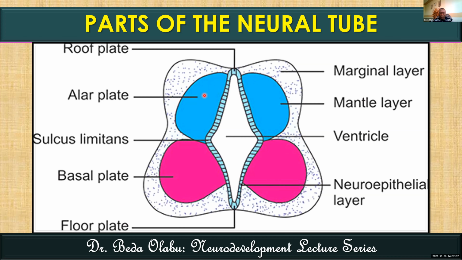The junction between the right and the left alar plates is known as the roof plate, and the junction between the right and the left basal plates is known as the floor plate.